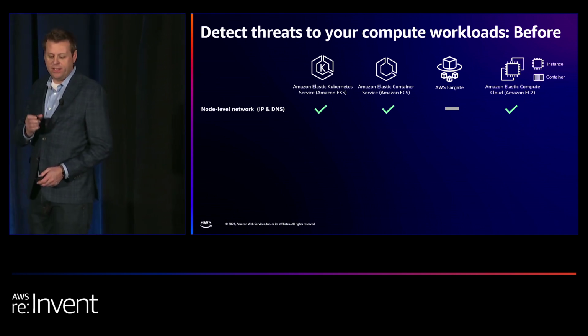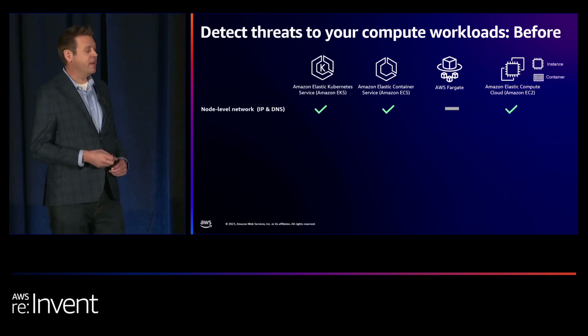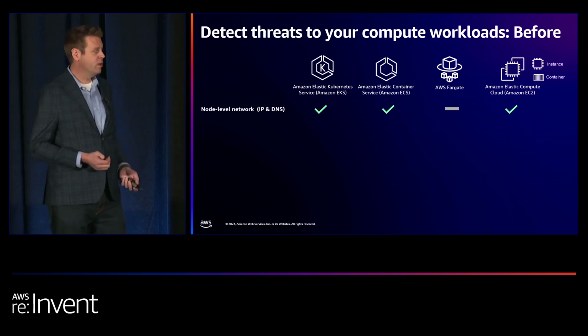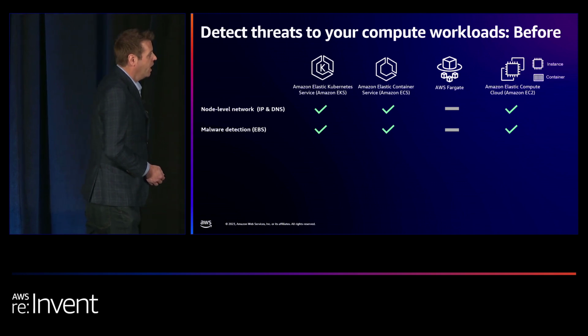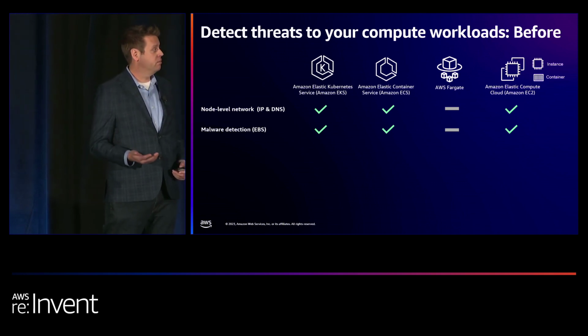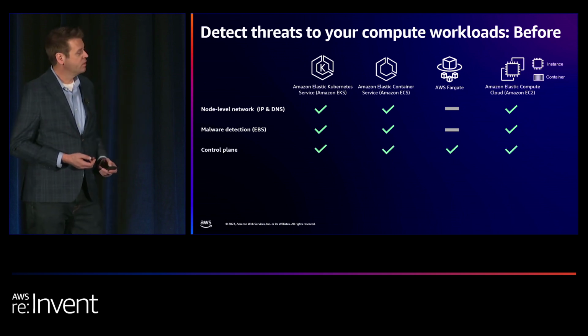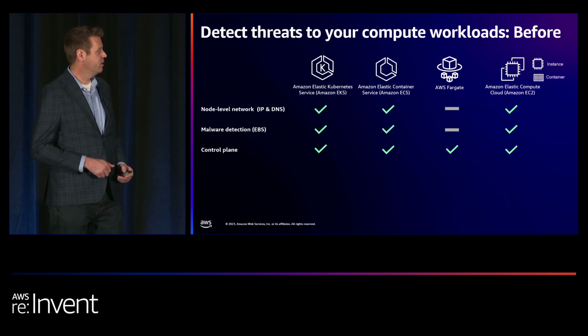We can tell you this instance made a DNS request, or this instance made a connection that we saw through flow logs. And we could do that for container workloads as well as for EC2. We didn't have any support for Fargate before. If there was a finding generated, we could trigger malware scans across those platforms. And we could obviously see the control plane like we had with CloudTrail.